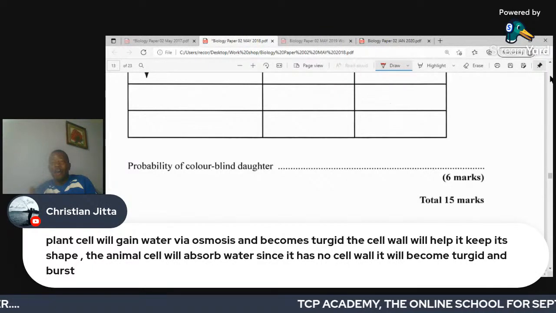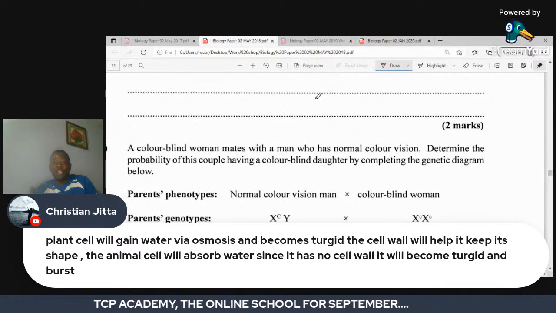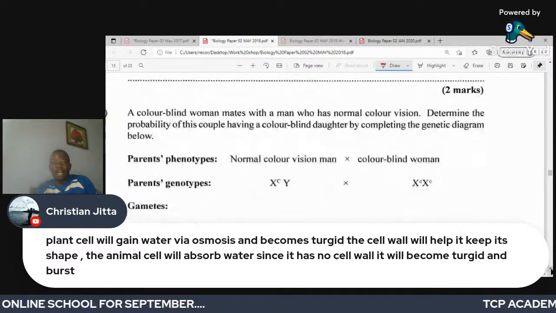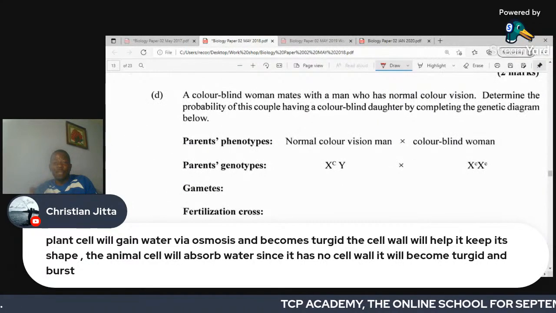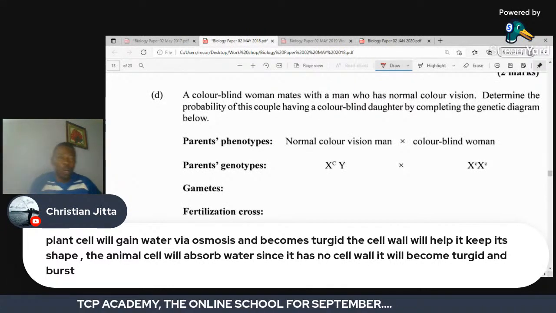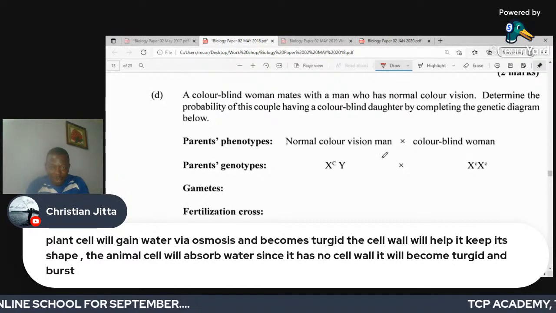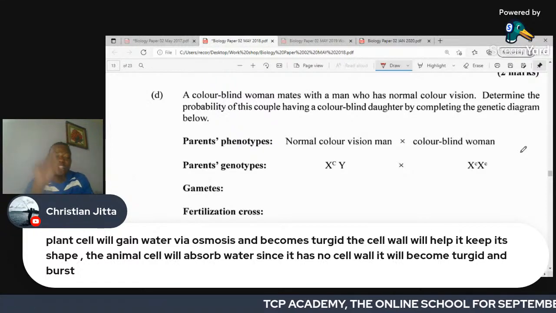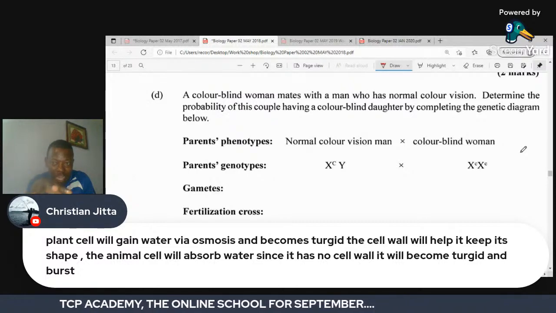Oh wow, don't I like this question? I like this question because this morning I worked a similar question for you. So because I worked a similar question for you, I am going to ask you to work the entire question. This is a capital C here, and this is a common C. So I'm going to read the question for you, and you are going to do this genetic diagram.